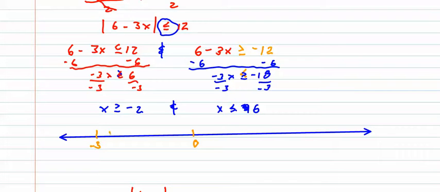Negative 3, negative 2, negative 1. And then I have 5, 6, and 7. X is greater than negative 2 and less than 6. My graph looks like that.